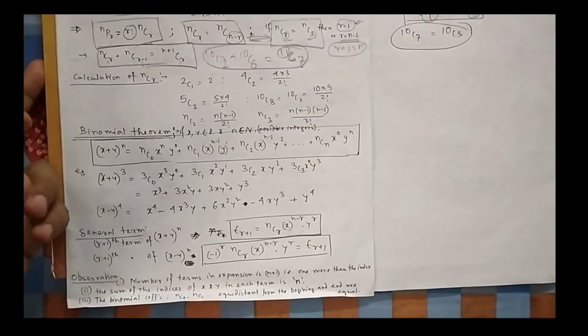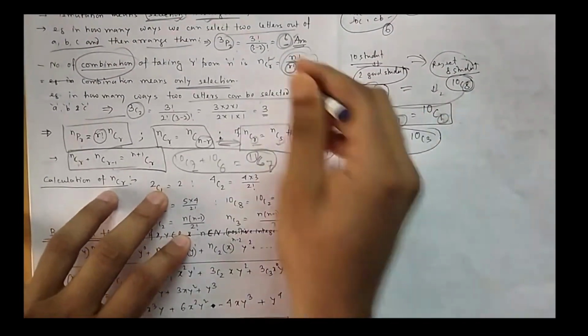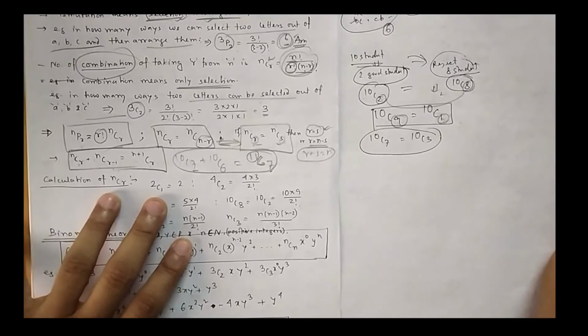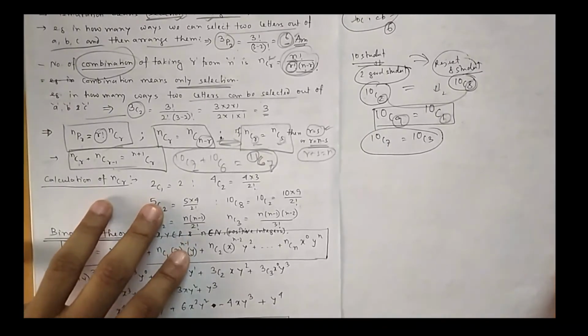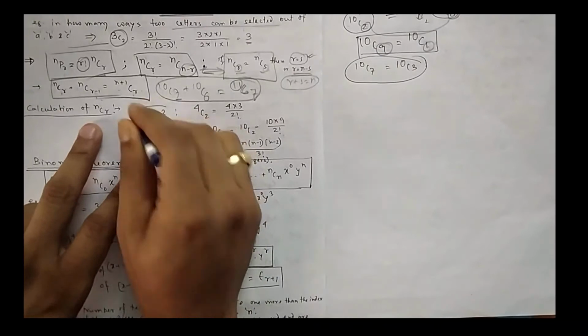Now how do we calculate this? For nCr you can use the big formula for nCr that is given. You can consider this one, but there are shortcuts to calculate, because we will not be using these long formulas every time. So remember it in this way.